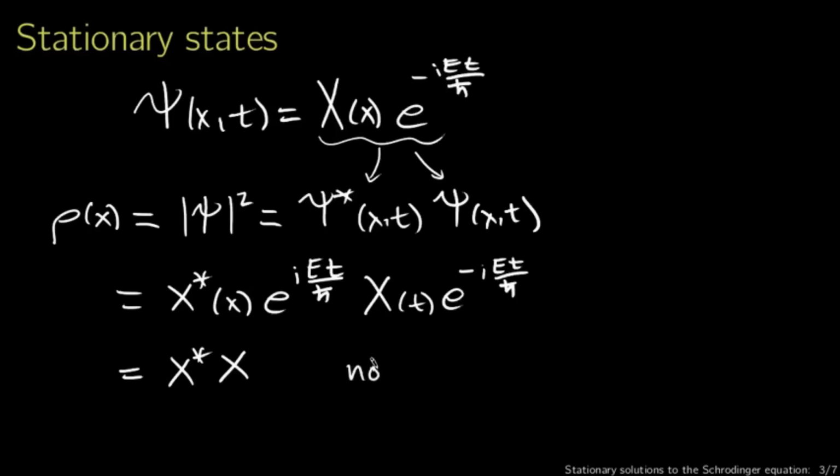There's now no time dependence here, which means the probability density does not change as time evolves. So that's one meaning of these things being called stationary states. The fact that I can write a wave function as a product like this, and the only time dependence comes in a simple complex exponential, means that the time dependence drops out when I find the probability distribution.